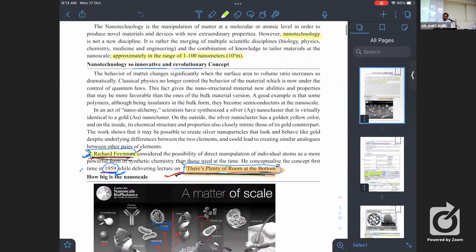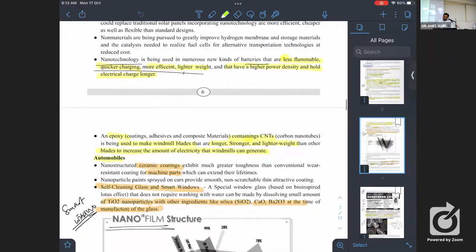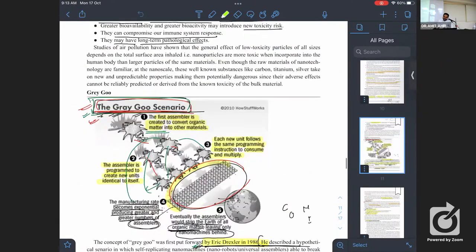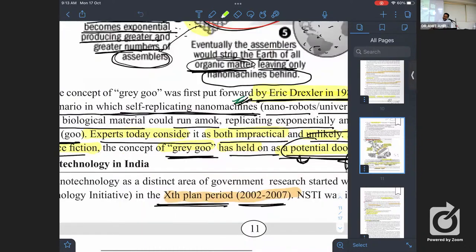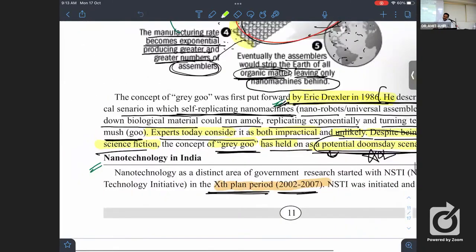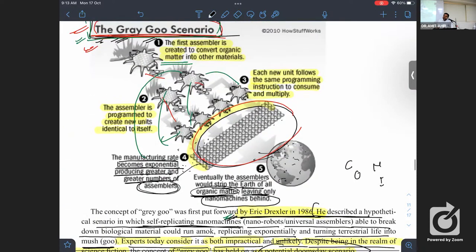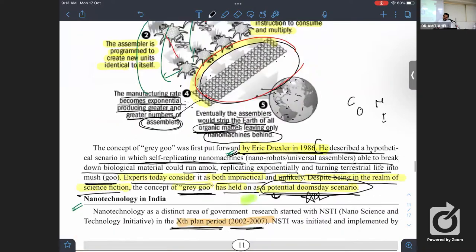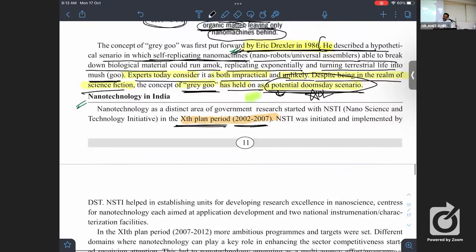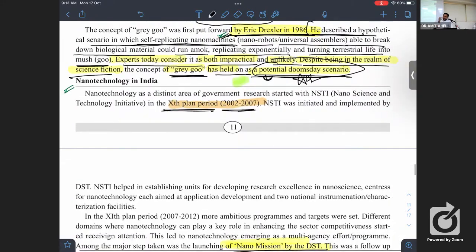So nanotechnology. Now look here. This is a doomsday scenario. Doomsday scenario means the environment polluting or pollution related effect of nanotechnology, right? So what would happen if these nanoparticles got spread around us?